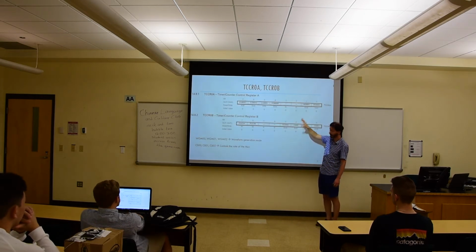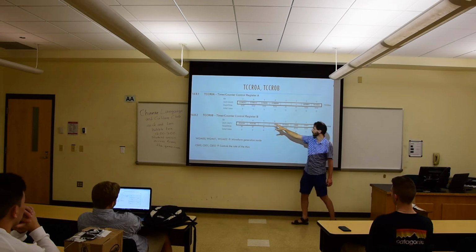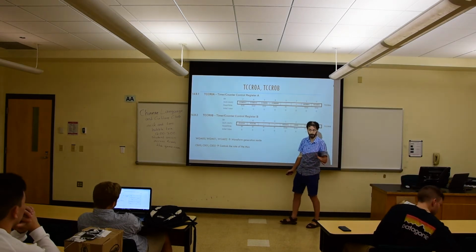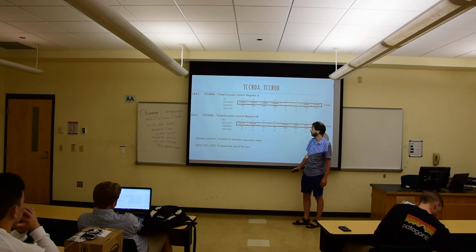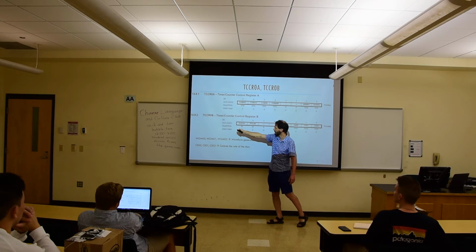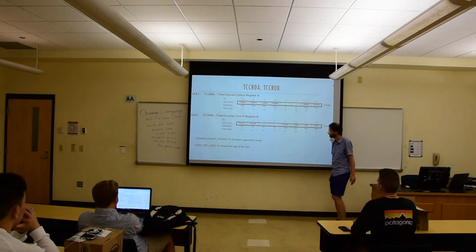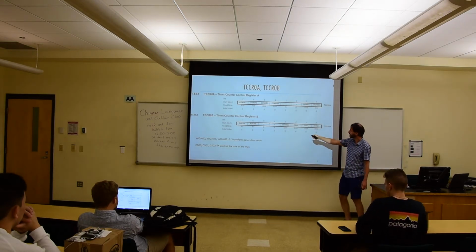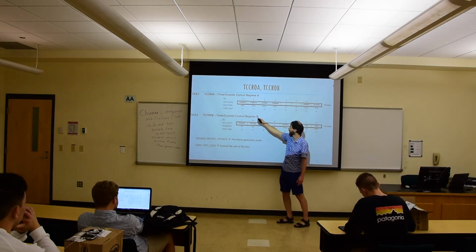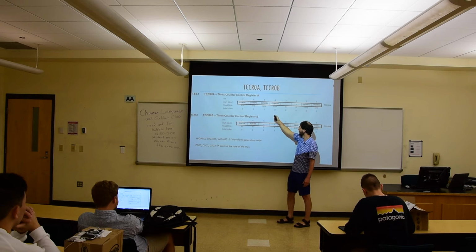So if we're looking at programming this hardware device, we have a bunch of control registers. That's what we're going to talk about, because those are the ones that you're going to program yourself. So we have the TCCR0A, TCCR0B, and so on. You will see in the datasheet that they are labeled with those keywords.